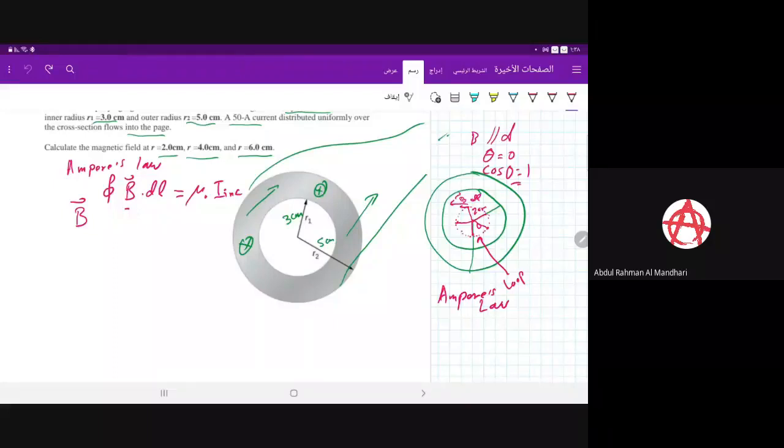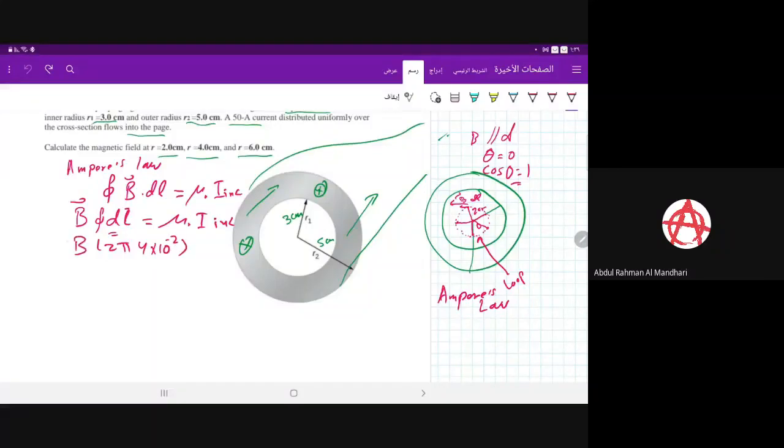dL is the small one, so the integral of dL is just the path, the circumference of the circuit, equals mu naught I enclosed. We know this is just 2πR, and R in this case is 4 centimeters, which is 4 into 10 to minus 2 meter, directly.